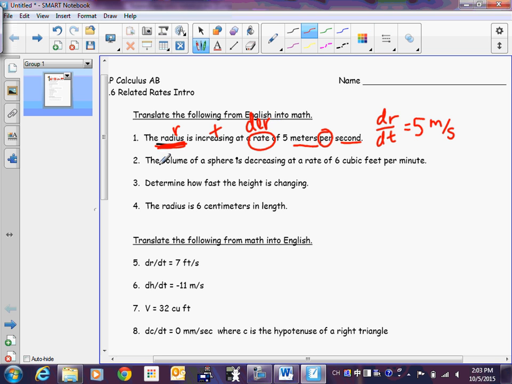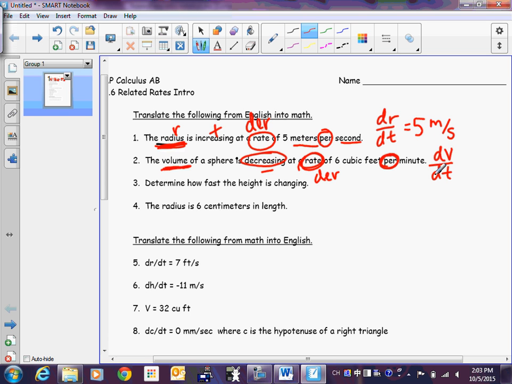So then what about 2? The volume of a sphere is decreasing, again with the rate, derivative, 6 cubic feet per minute. That's usual for a rate. So how could I phrase this? So dV, the change in V, over the change in time. These problems don't have to be in relation to time, but they will be.